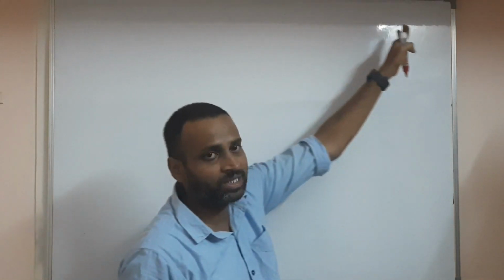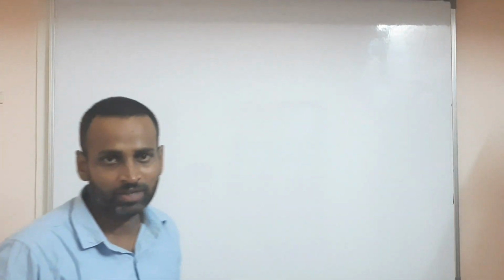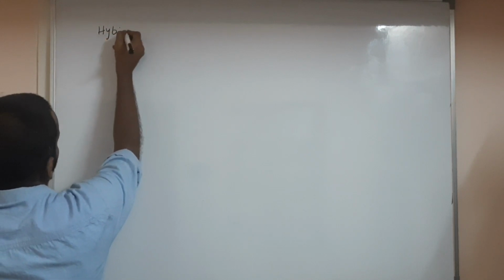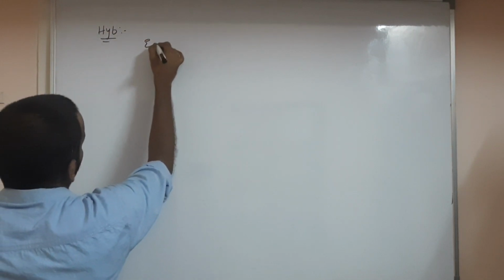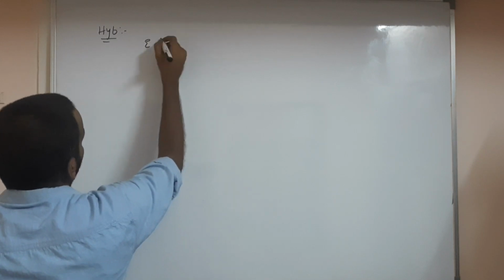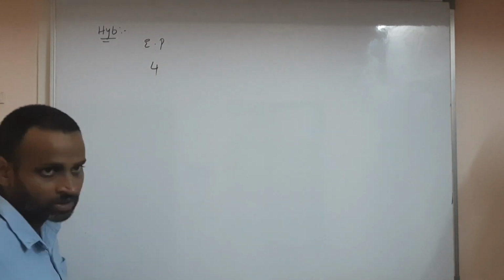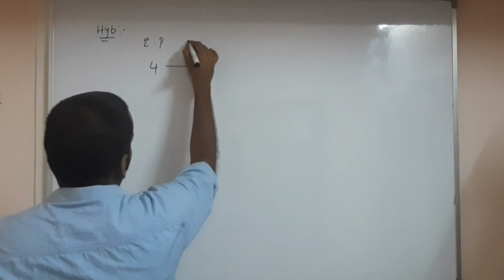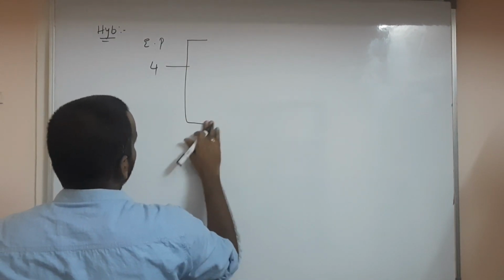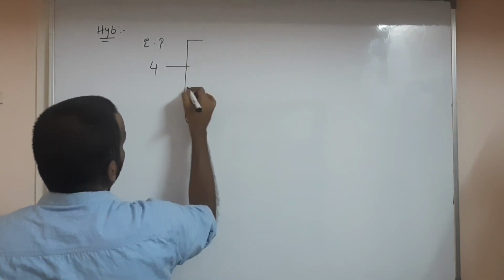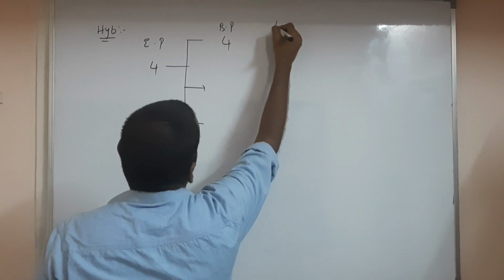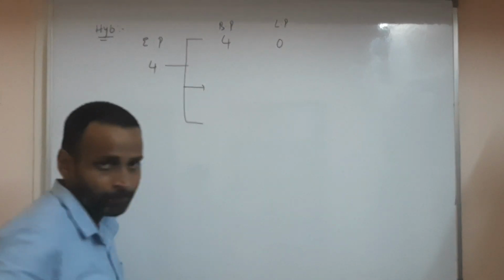Then the hybridization is sp. For example, when the total number of electron pairs is 4, I gave 3 different ways. In the first, all 4 are bond pairs and lone pairs are 0.